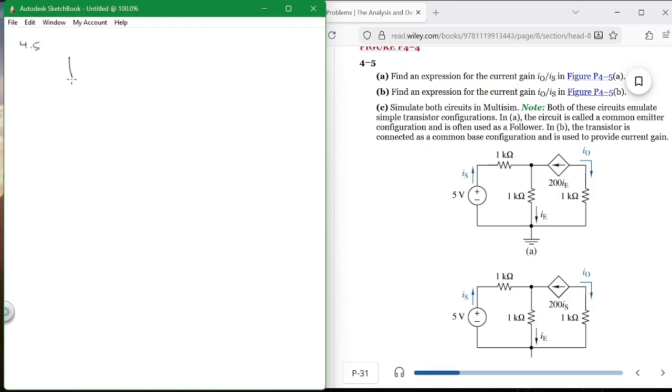So you got 5 volts, plus to minus. You got 1K. Mesh is the hammer you can use just about any time, and it'll give you an answer, okay? 1K here. Then we've got a dependent source, 200 IE, which is this right here.